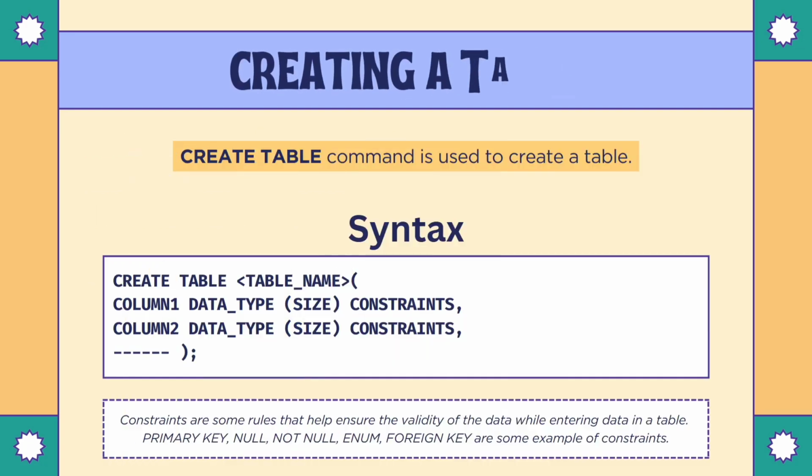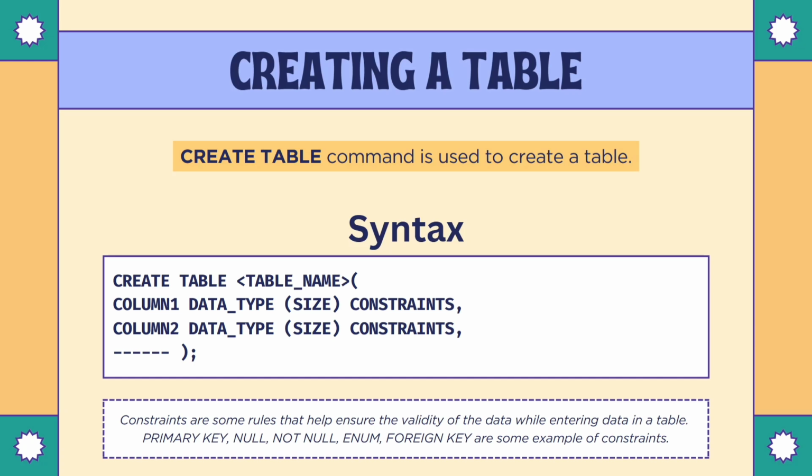Now the syntax to create a table. The create table command is used to create a table. The syntax is this one, you can see: create table, table name. Suppose I am creating a table student, so it will be create table student. Then column 1, whatever we are going to store, it can be roll number. Then the data type, it can be integer.